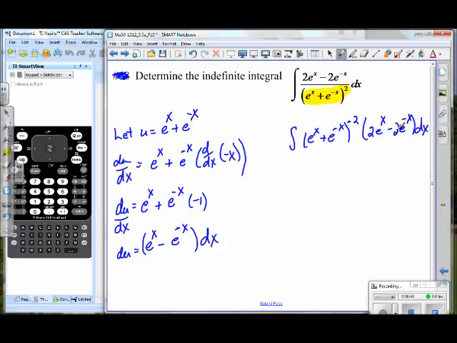So if I'm going to make a direct substitution in there, I'm going to have a factor of 2 in this place.